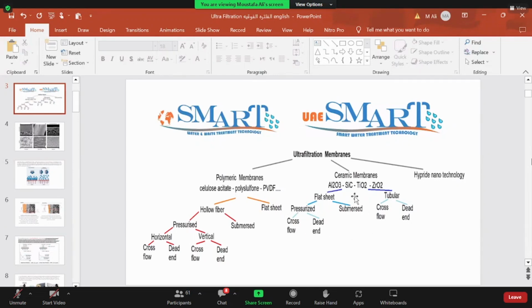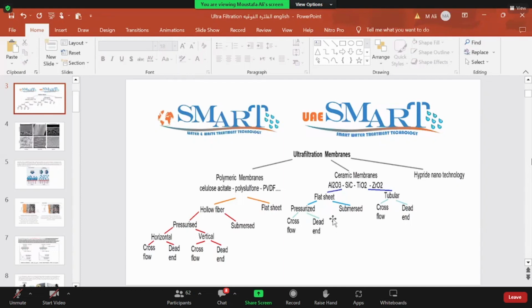The submerged type should be inside a tank, and it works by suction from inside of the module or the membrane itself, so the retentate or the residue accumulates on the outer surface of the membrane.